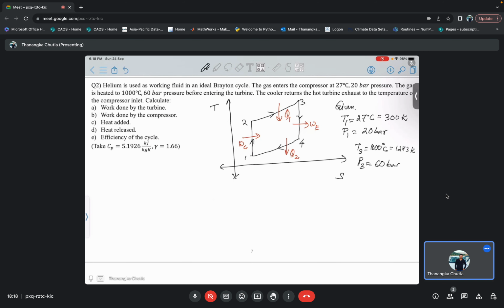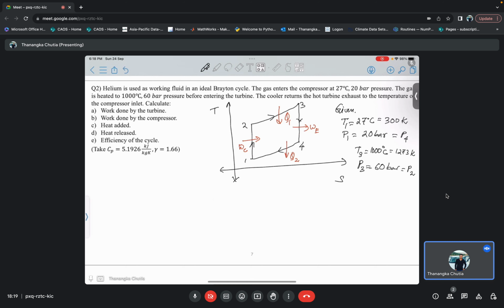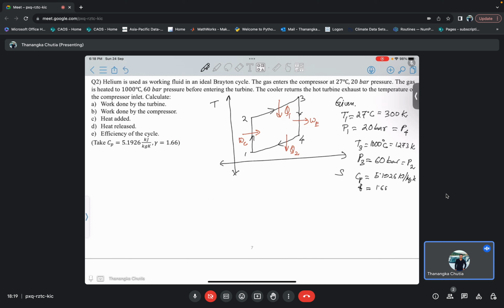So now we all know that if P1 is given, then P4 is also given, and if P3 is given, then P2 is also given. Okay, and Cp is given to us as 5.1926 kilojoule per kg Kelvin, and gamma is given to you as 1.66. Okay, so from here we have to calculate the work done by the turbine.